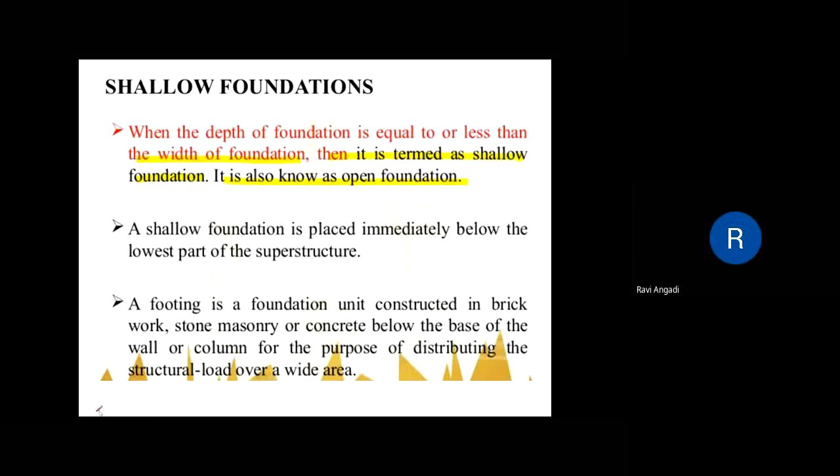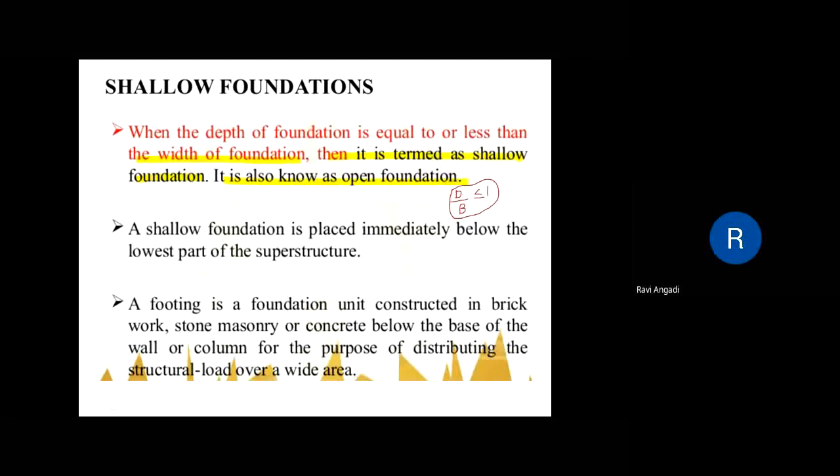Here we can write the depth to width ratio, D by B. The depth of footing, DF, should be less than or equal to 1. If this criterion is satisfied, then we call that a shallow foundation.